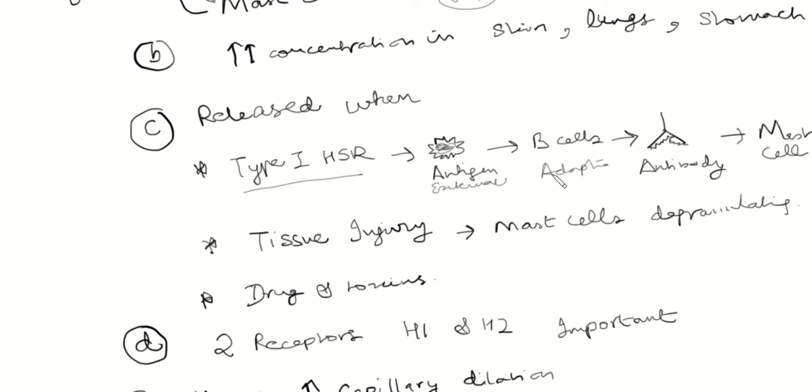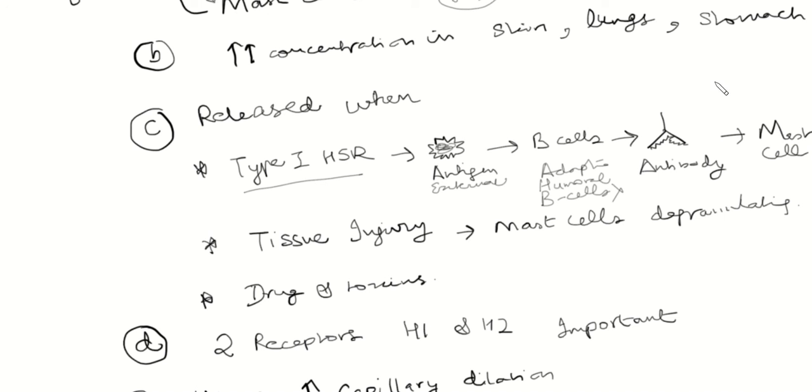Adaptive immunity to the external one is humoral immunity, right? And humoral immunity is mediated by B cells and antibodies, right? So again, this is all a recap, and we'll talk about it in more detail in subsequent videos. An antigen gets processed by B cells, which creates an antibody that targets this antigen.